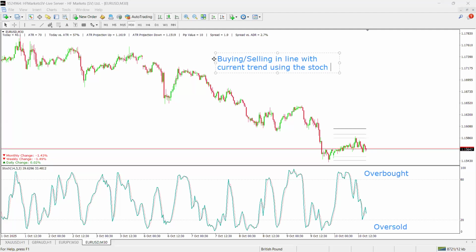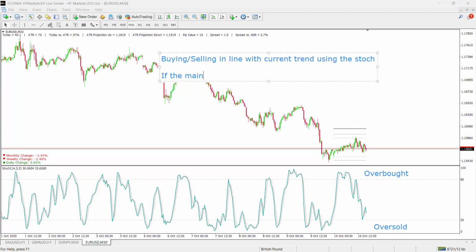The idea is, if the main line crosses above the signal line, that's a bullish signal.